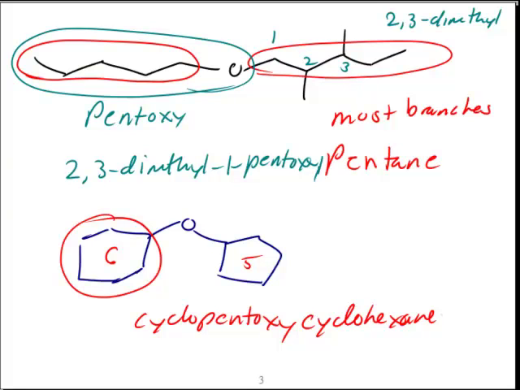Okay, your book also talks about naming nitroalkanes, and so these are compounds that look like this. Remember, the nitro group from nitric acid is a zwitterionic species that actually has some resonance.